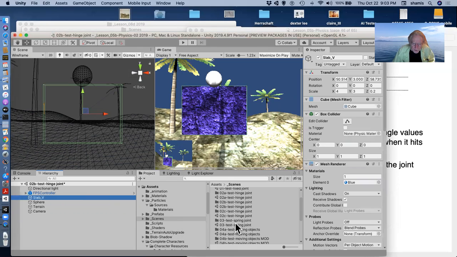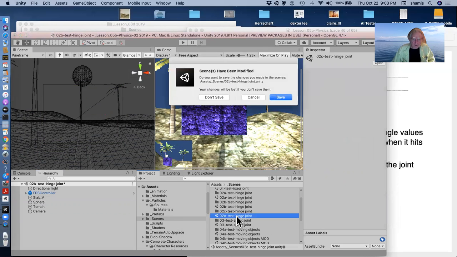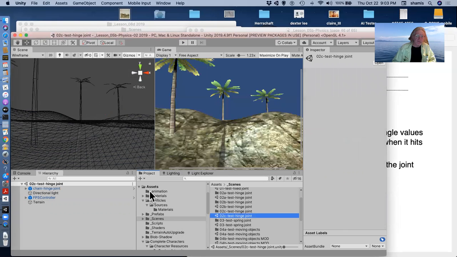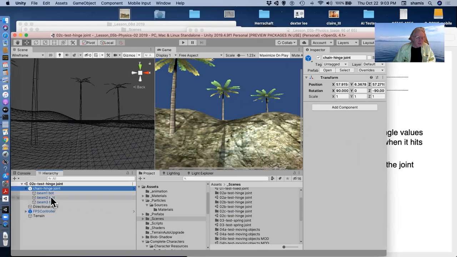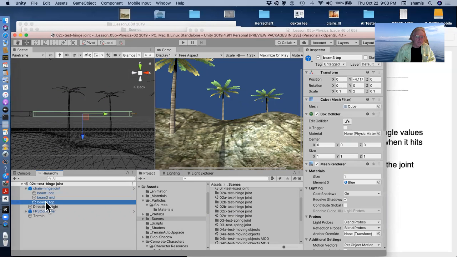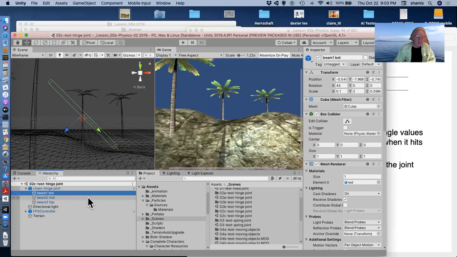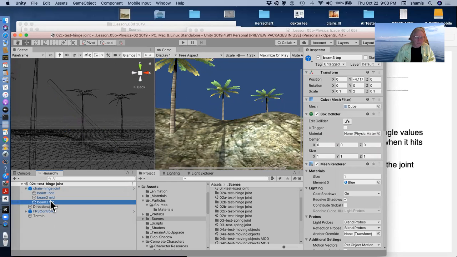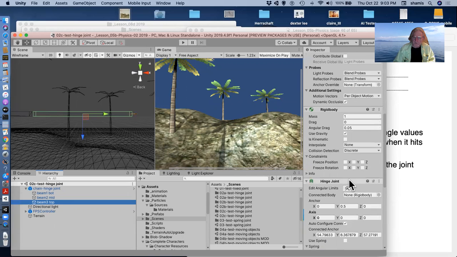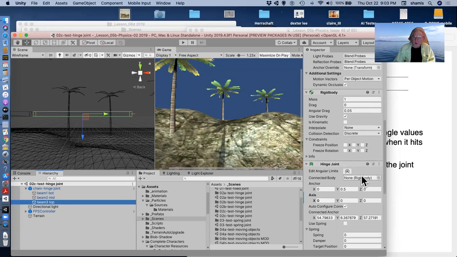Now, one more thing with the hinge joint. So save. Here what I've done is I've taken a bunch of different objects. I have the top beam, the middle beam, and the bottom beam. And the top beam, just so you can see it happen, has no connected body.